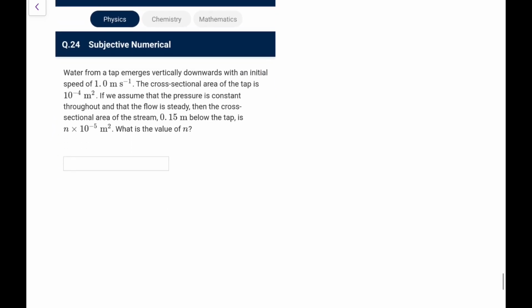Next, water from a tap emerges vertically downwards with the given speed and cross section. If we assume that the pressure is constant throughout and the flow is steady, then find the cross-sectional area of the stream 0.15 meter below the tap. So below the tap, the speed will become u square plus 2gh, because it would be in free fall. So u square is 1 plus 2 into 10 into 0.15.